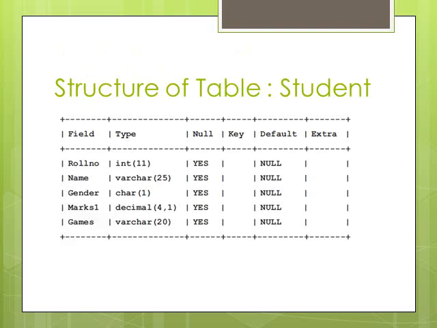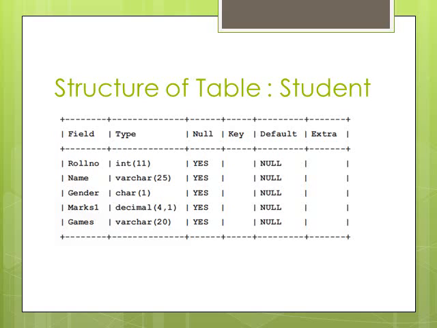First of all, let us see the structure of the table student, based on which we will use the select statements. The structure of the table has 5 fields: roll number, name, gender, marks, and games. The types are given in the slide. Roll number has integer data type, name is varchar, gender is of character data type, either male or female.